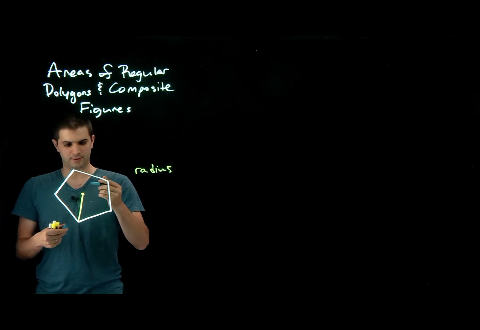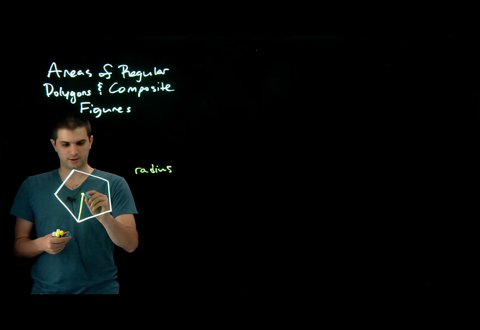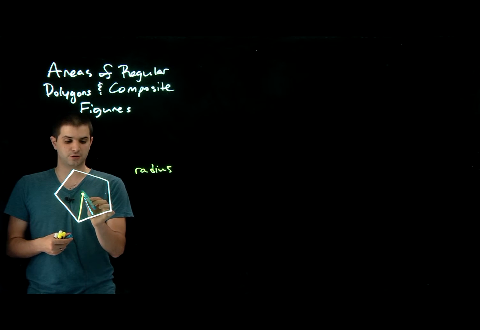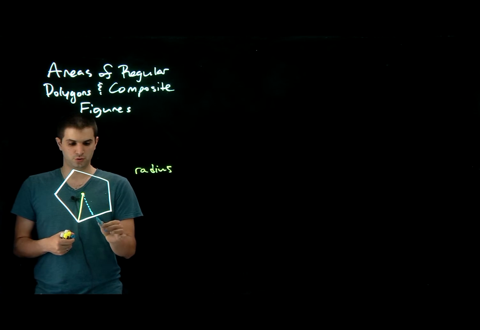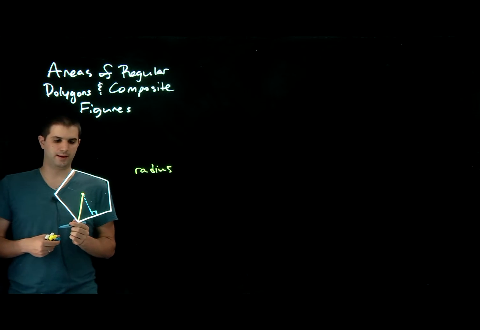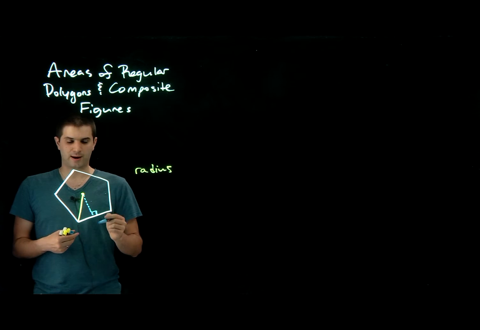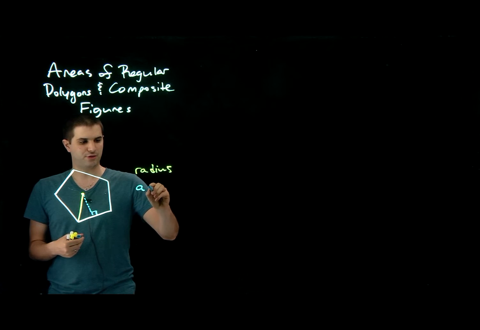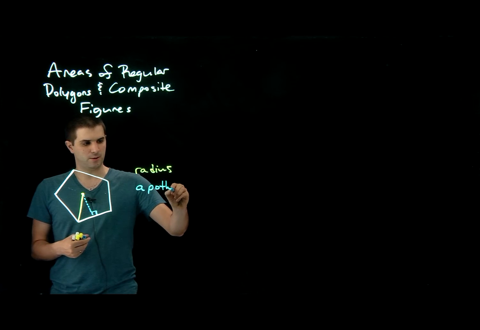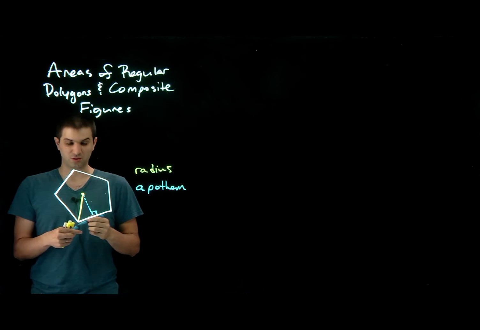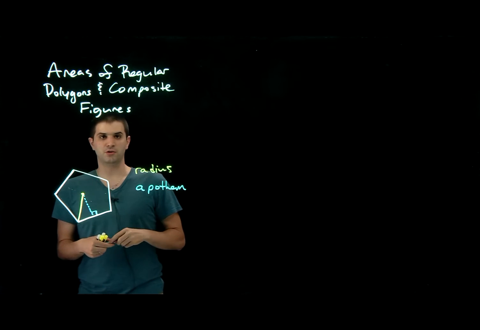But this line, and this is even more important, I think, this blue line from the center to a side that is perpendicular, so from the center to any of the sides at a right angle, is going to be called the apothem. Kind of a weird word, but that's called the apothem.